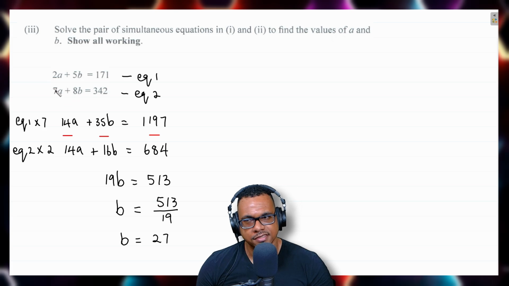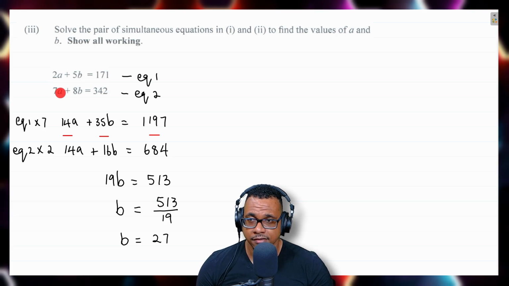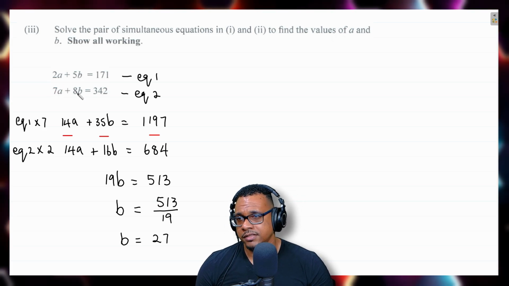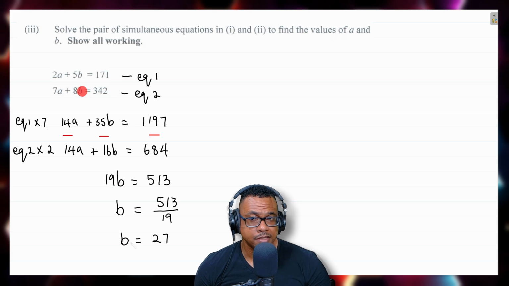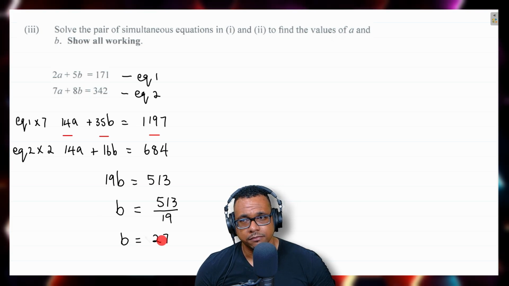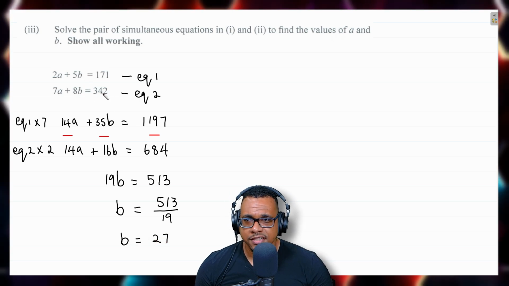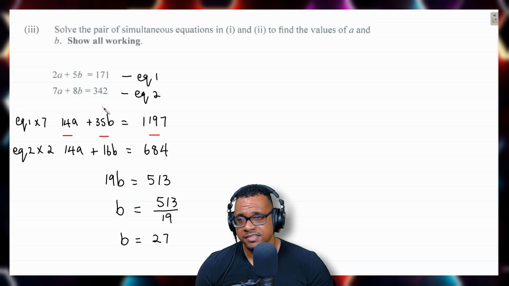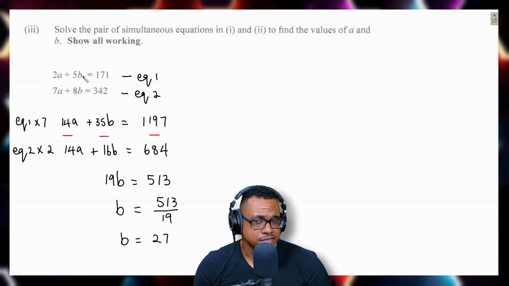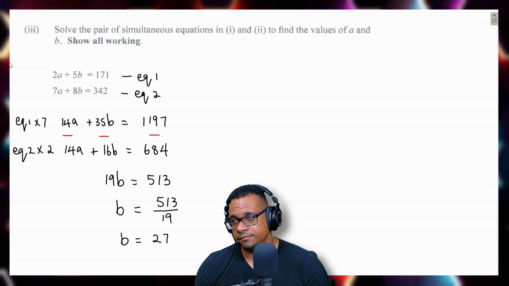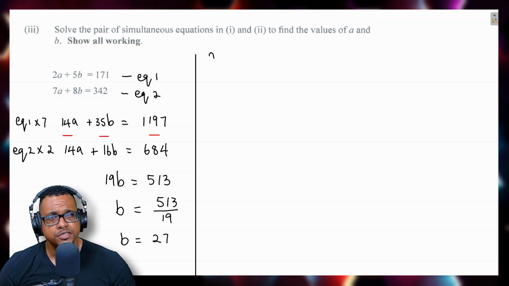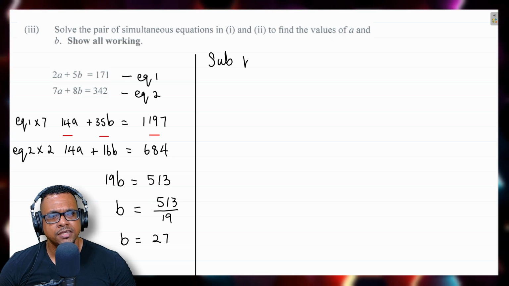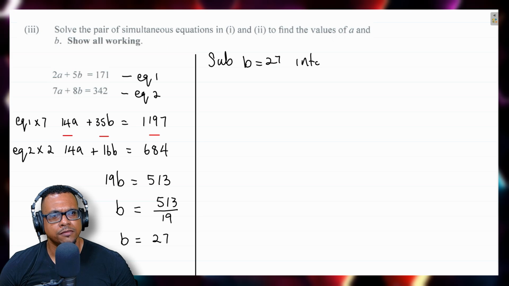Same thing down here. 7A means 7 multiplied by A, which I don't know, but the 8B means 8 multiplied by B, and I know the value of B. So looking at the two equations, I'm just looking for one of the better numbers, and equation 1 looks better because the number is smaller. So I'll go with equation 1. So I'm going to substitute B is equal to 27 into equation 1.